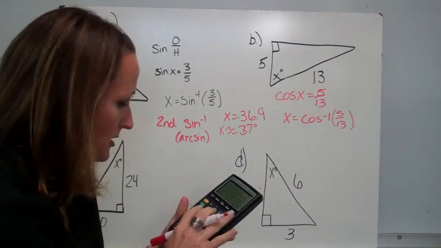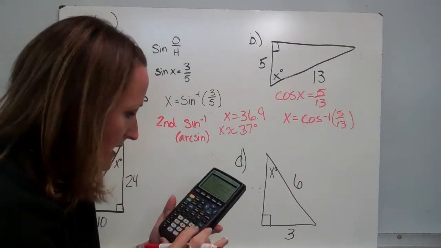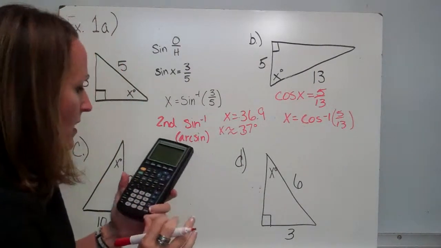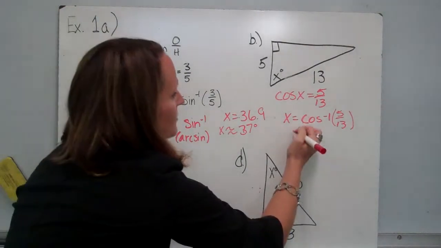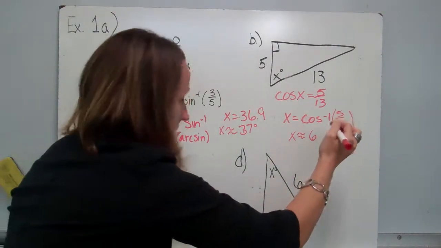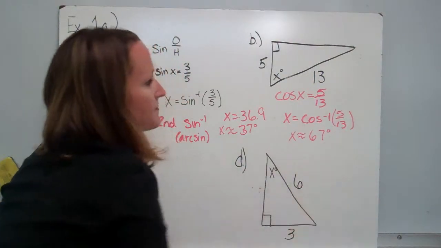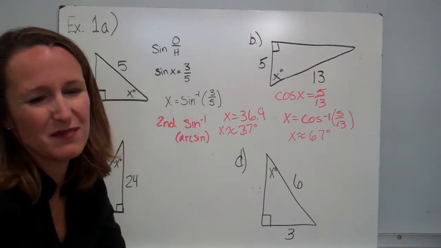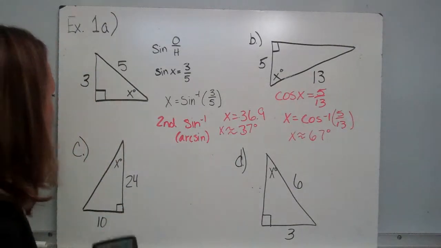Again, when you put it in your calculator, you do second cosine 5 divided by 13, and you get 67.3, or about 67 degrees. And it's okay to round these up or down because with degrees, a whole number works well.